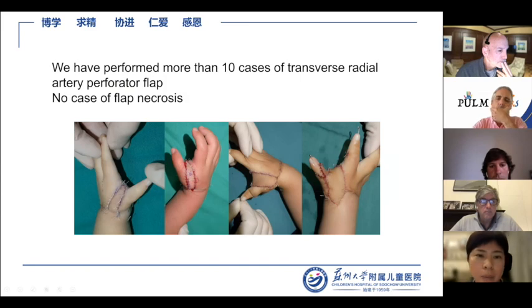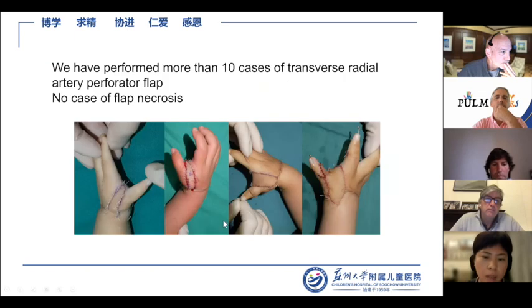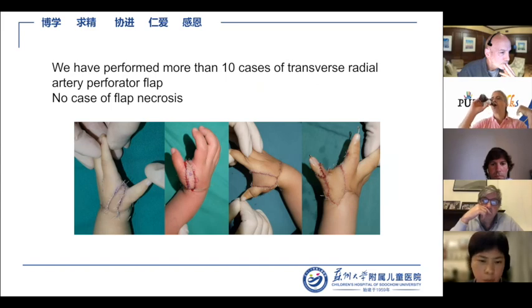We have performed more than 10 cases of transverse radial artery perforator flap. No case of flap necrosis. The flap width ranges from 1.0 centimeter to 3.0 centimeters.